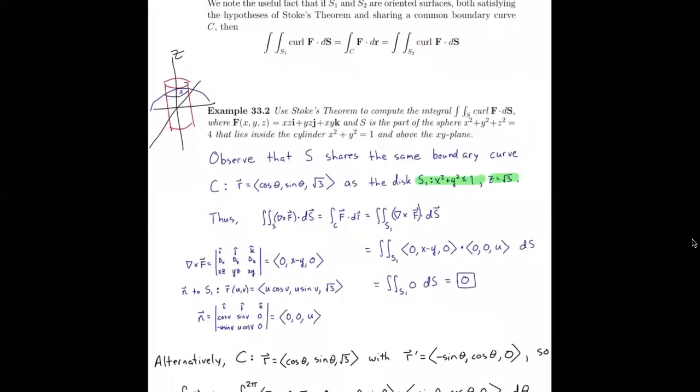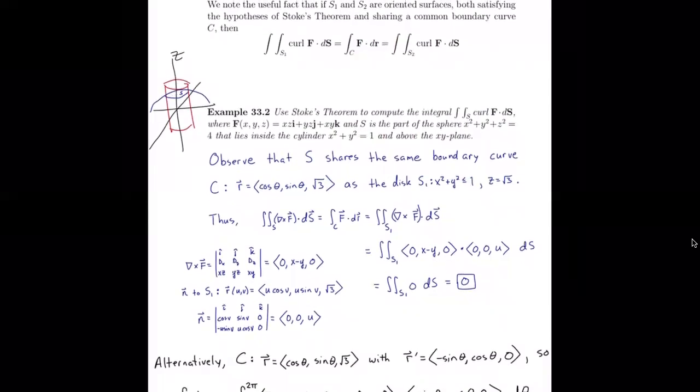In other words, take that flat disk, that's the projection of that spherical cap, onto the plane z equals root 3. In other words, approximately right here, just a little bit below the top of that spherical cap. Let me try to draw that.